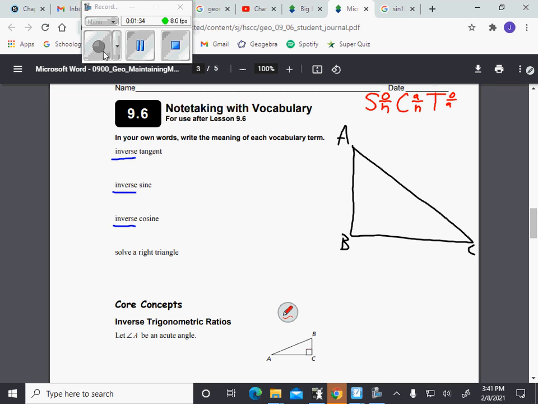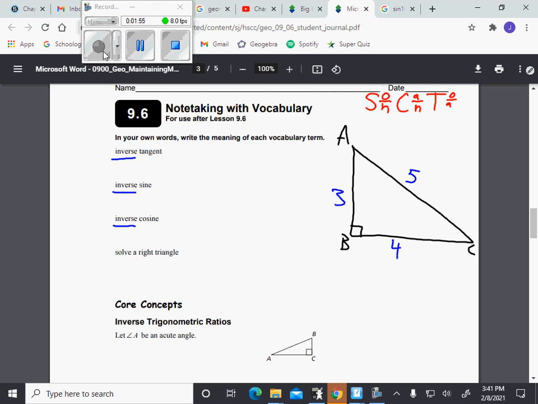Where sine is opposite over hypotenuse, cosine is adjacent over hypotenuse, and tangent is opposite over adjacent. Now, I'm going to label these sides. I'm just going to make a nice 3, 4, 5 right triangle.